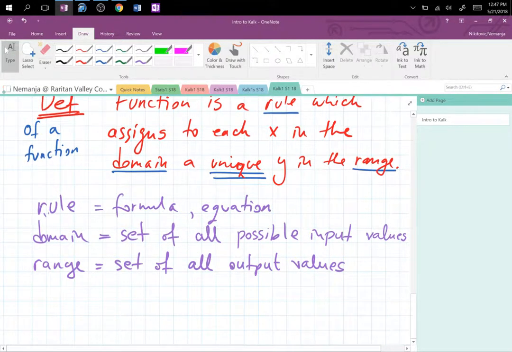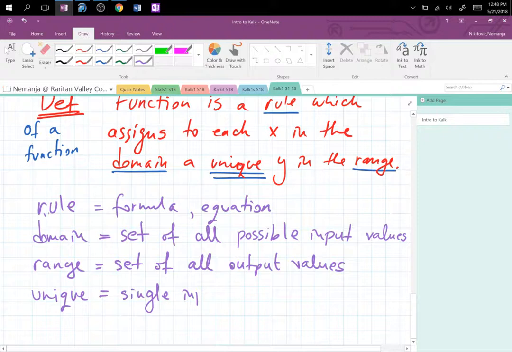And then the word unique. I'm just going to rephrase the whole thing here. I'm going to say that the word unique technically says that a single x cannot produce multiple y's.